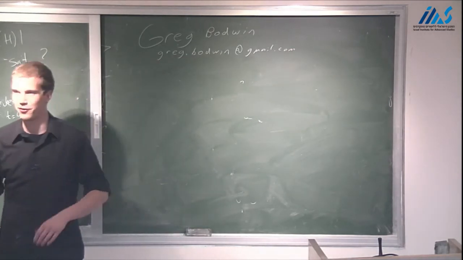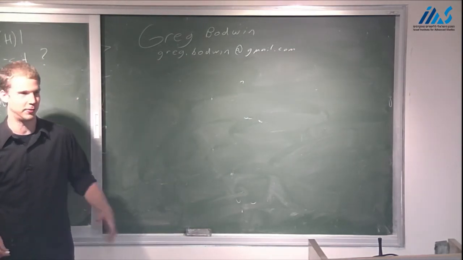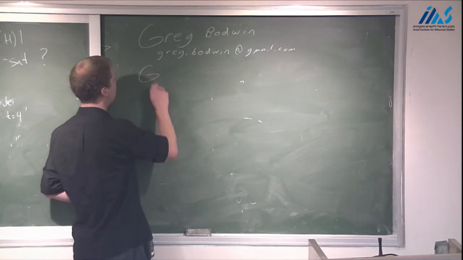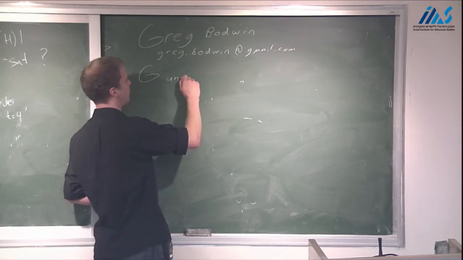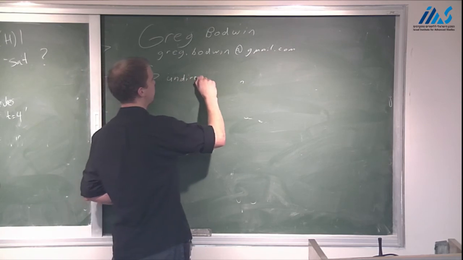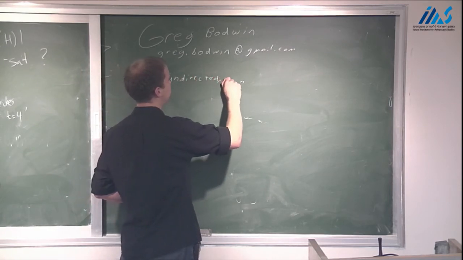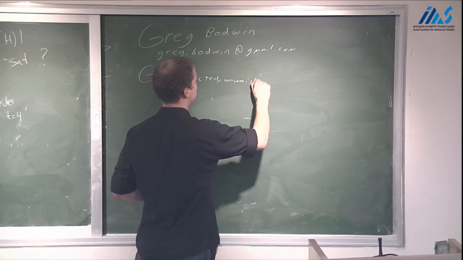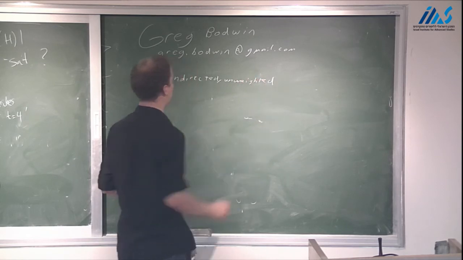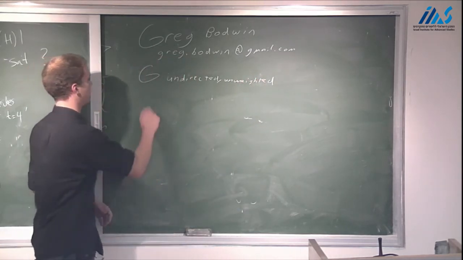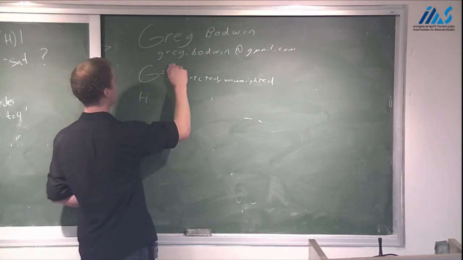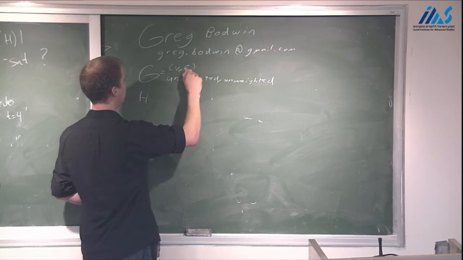So I'm going to tell you about a short little problem about graph spanners, which is the name of the object. So we have G, which is undirected and unweighted, and G equals (V, E).